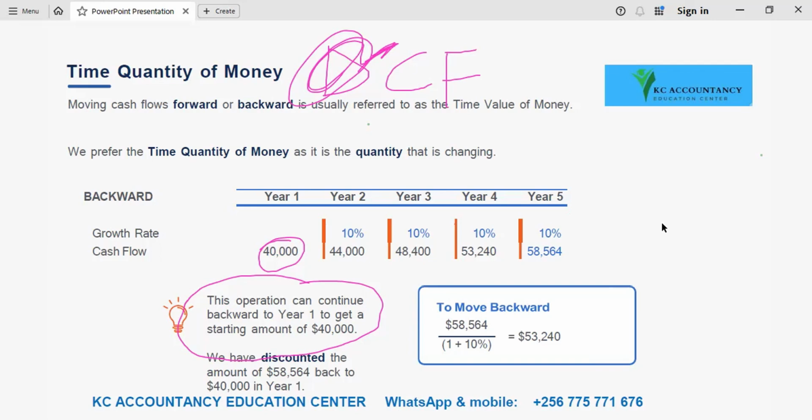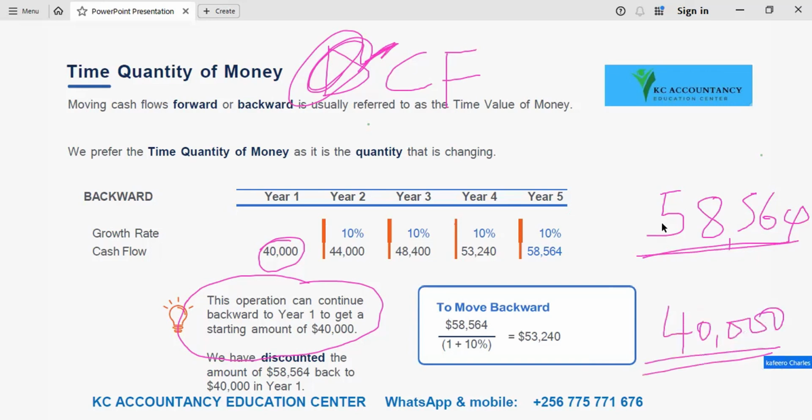This means that if I'm to get 58,564 in 5 years, it will be that, but if I want this money now, they will only give me 40,000 US dollars.